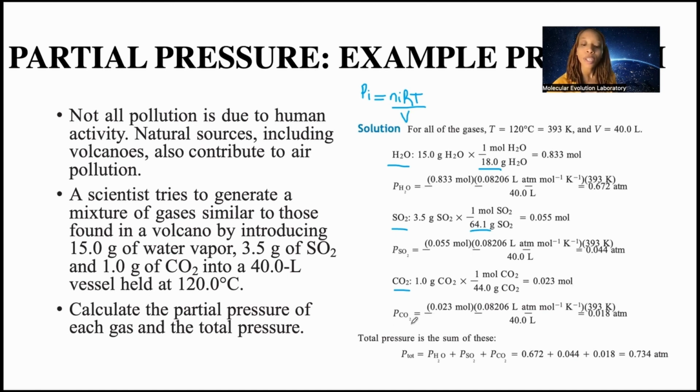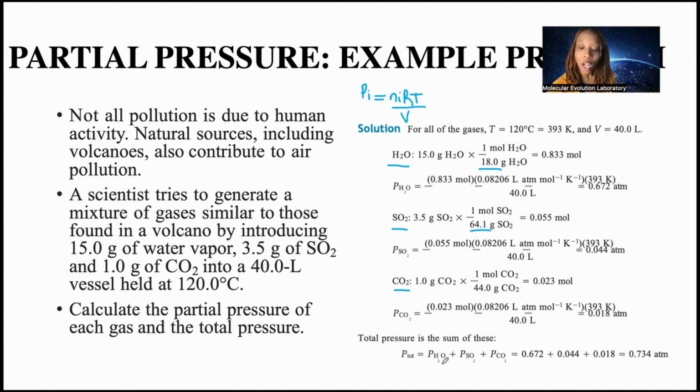To find the partial pressure of CO2 using our equation for partial pressure, we use 0.023 mole times 0.0826 liter atmospheres per mole per Kelvin, which is a constant again, times 393 Kelvin divided by 40 liters. This gives us 0.018 atmospheres.